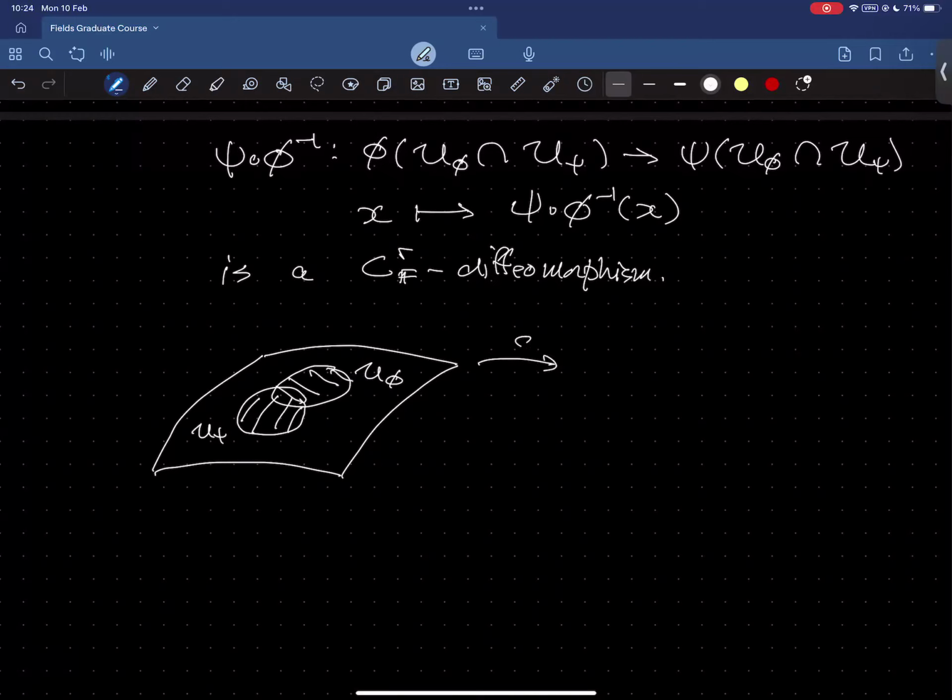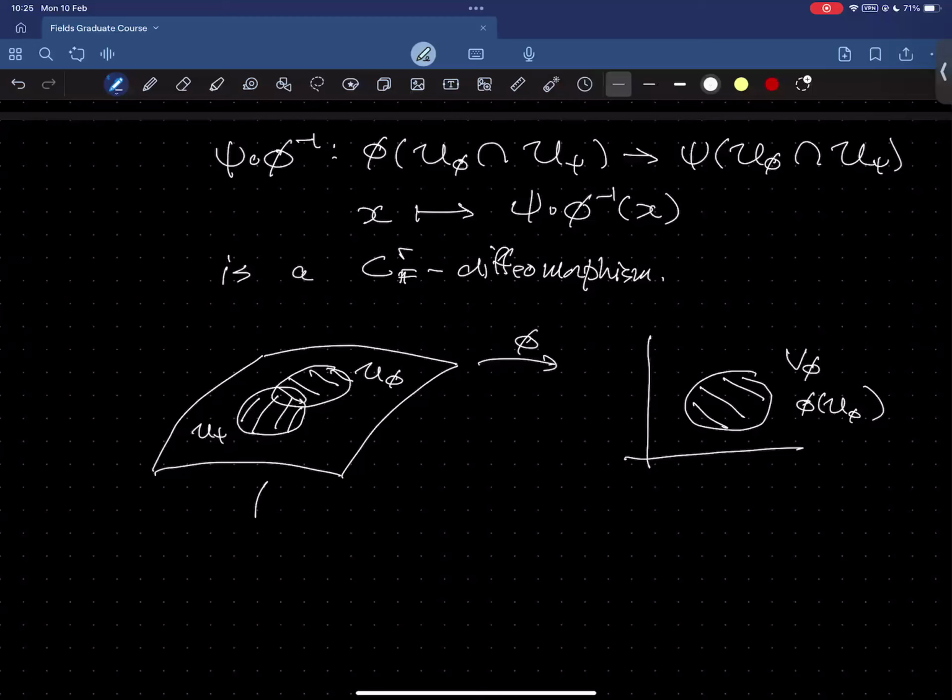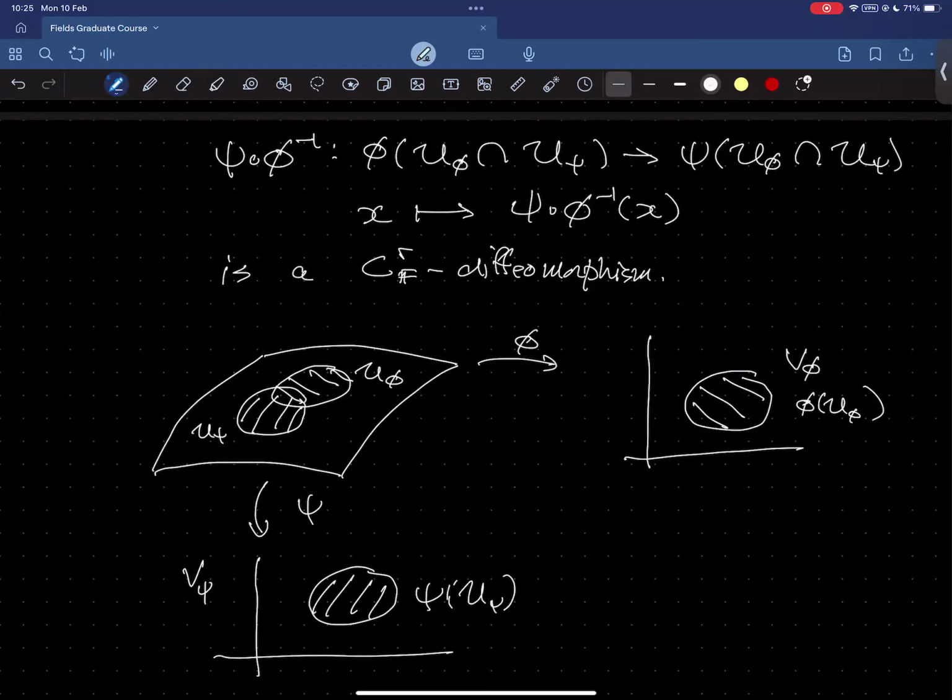Then I have φ, which maps into V_φ, and ψ, which maps into V_ψ, and this one I hatched like so. Now this is the intersection here.